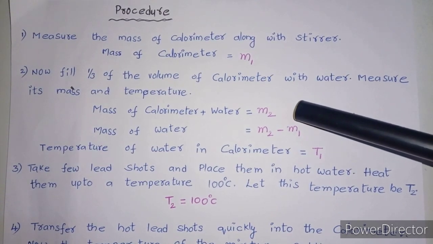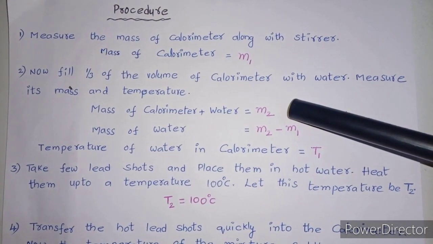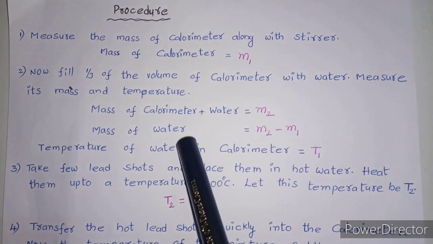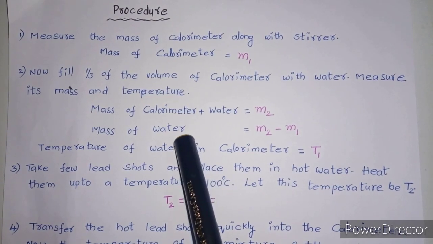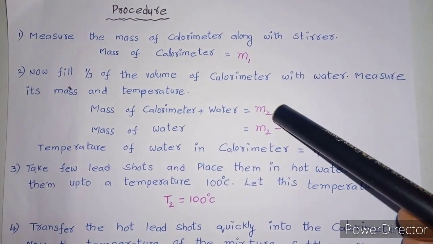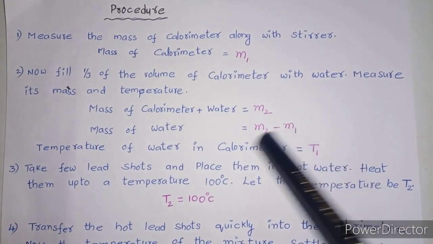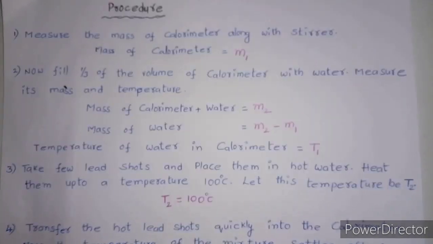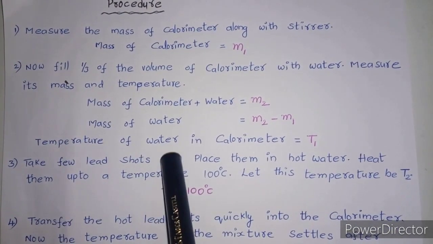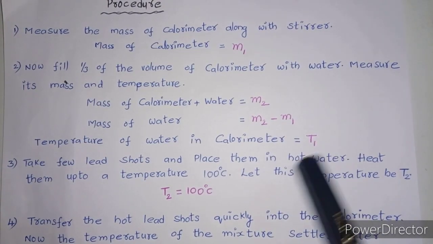Let the mass of calorimeter along with water be m2. Now the mass of the water: to find this, we need to subtract m1 from m2, that is m2 minus m1. By doing this, we can get the mass of water. Let the temperature of the water in calorimeter be T1.